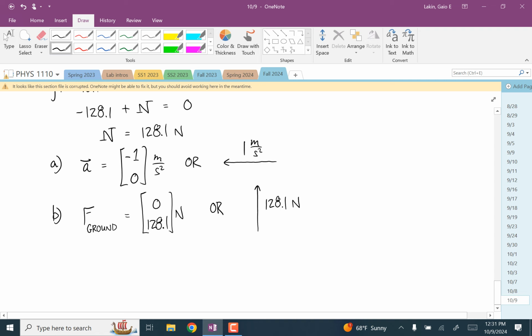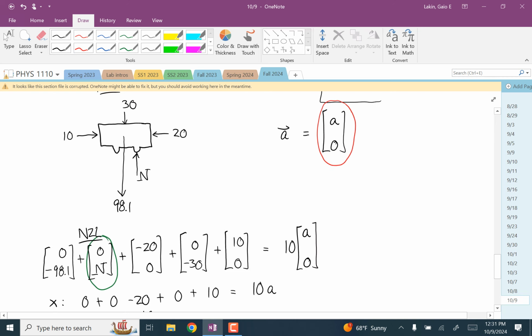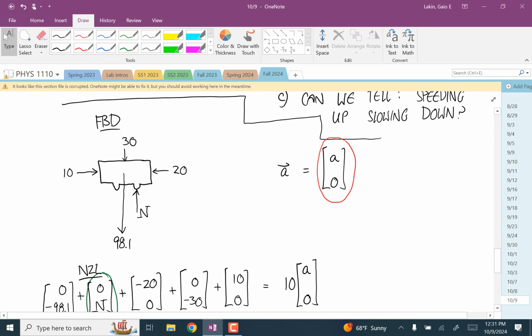Okay, so there was a part C, and that was, can we tell whether this is speeding up or slowing down? So this is accelerating to the left. Is that enough for us to know whether it's speeding up to the left or slowing down? It's not. What's the extra information we would need? Direction of motion. Yeah, perfect. We'd have to know the direction of motion, or the direction of the velocity vector.